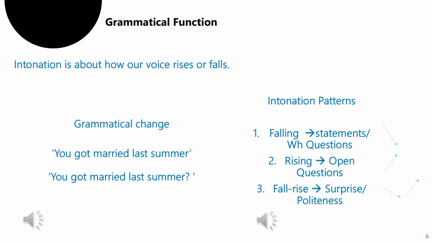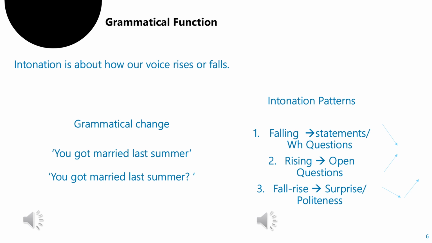So to fully understand the functions of intonation, we have to remember that intonation is about how our voice rises or falls. So if we talk about grammatical change, we can have two cases. One where we use a falling pitch, and the other one where we use a rising pitch. This is where we introduce intonation patterns.